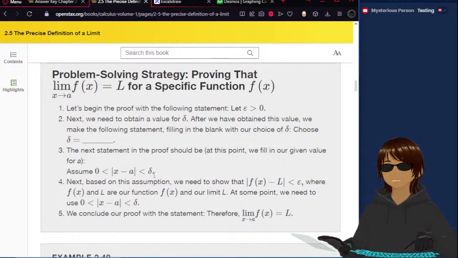Next, based on this assumption, we need to show that f of x minus L is less than epsilon, where f of x and L are our function and our limit L.